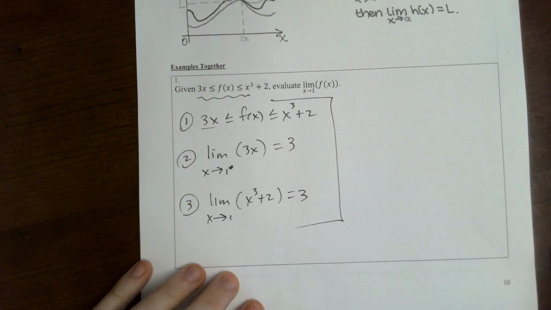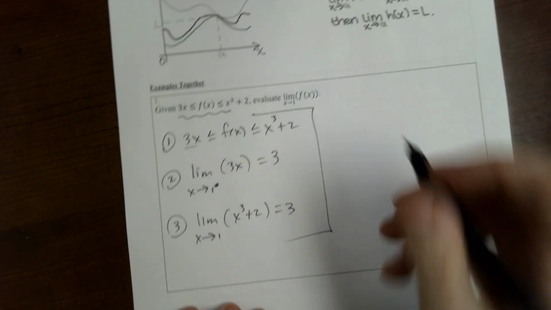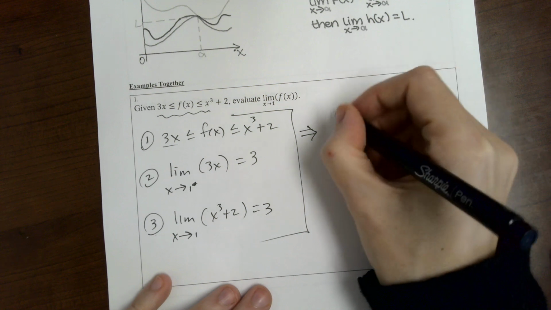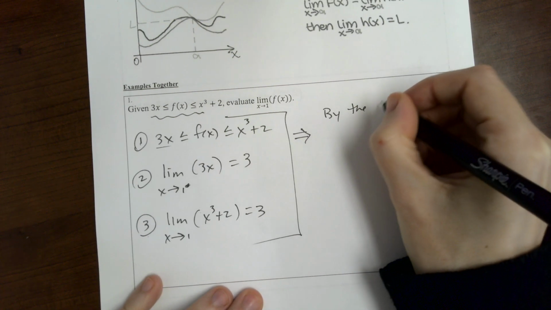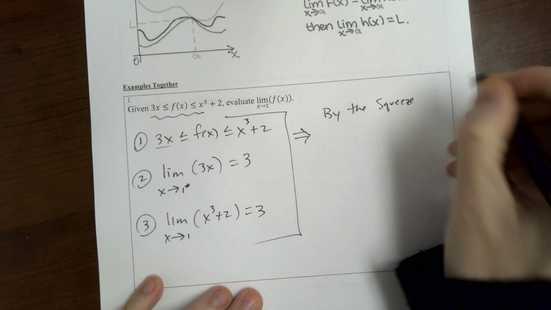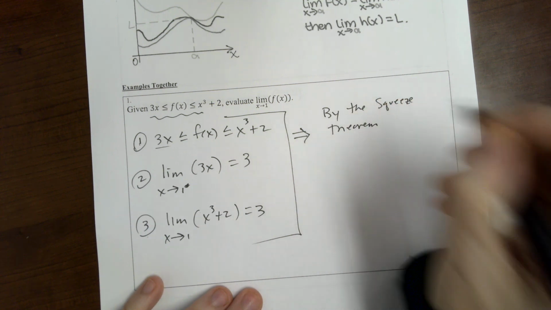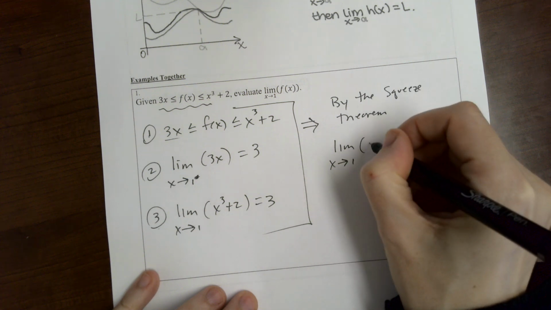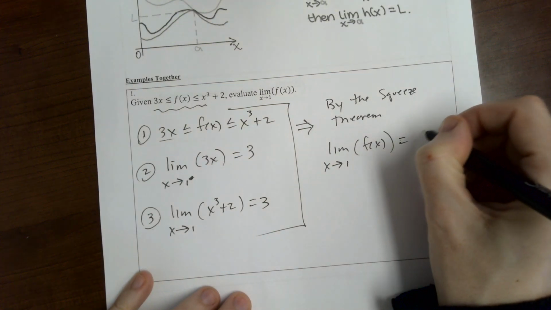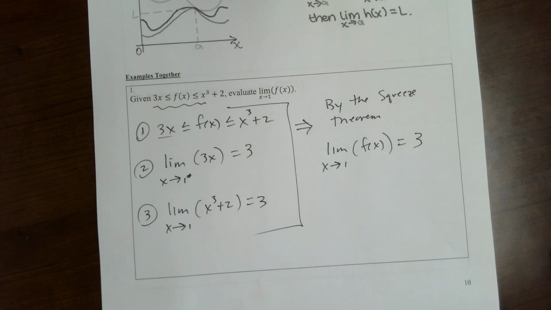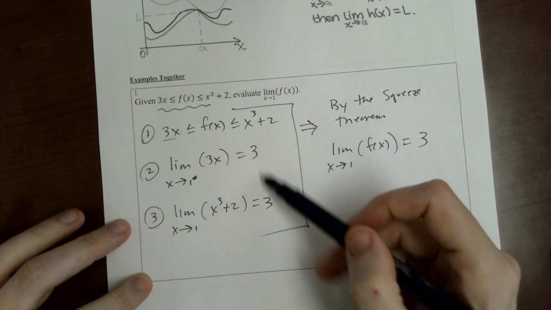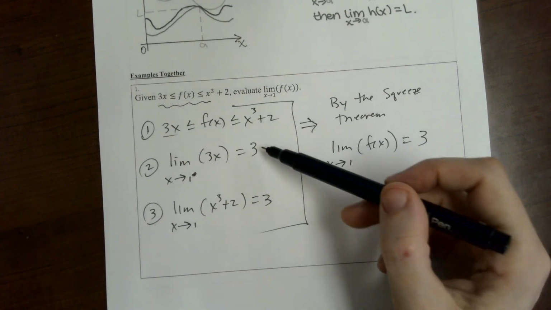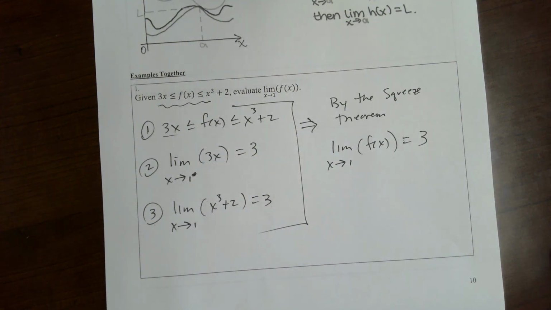So once you have these three things, then, by the squeeze theorem, the limit as x approaches 1 of f of x is also equal to 3. If these two are equal, you can say, therefore, by the squeeze theorem, the limit of the middle one will be the same as those.